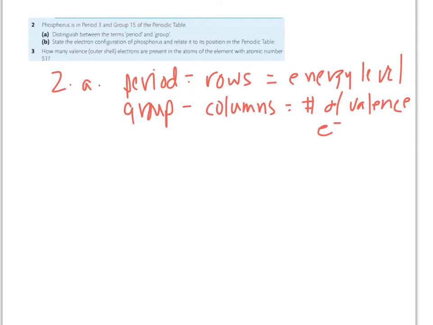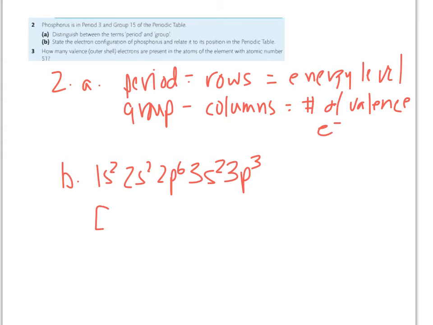Part B asked you to state the electron configuration of phosphorus and relate it to its position in the periodic table. There are really 3 different ways you can do this. You could write the full configuration for phosphorus, seeing that it has 15 electrons. You'd see that the first level is full, the second level is full, the third level, the S is filled up, and the P has 3 in it.